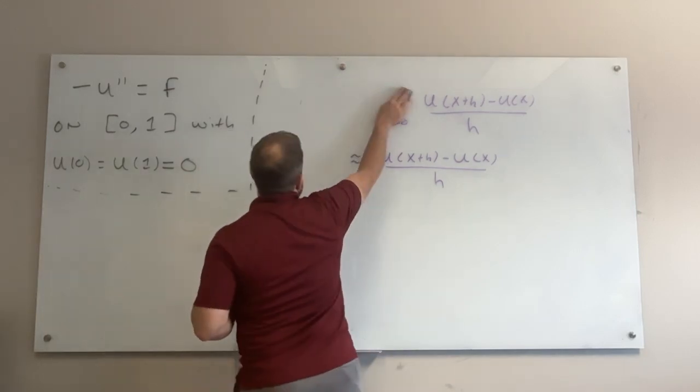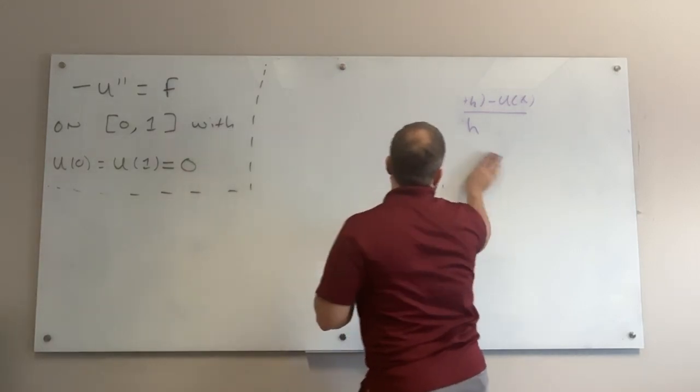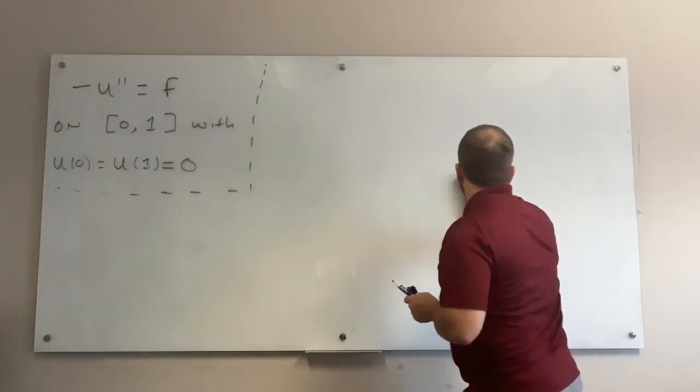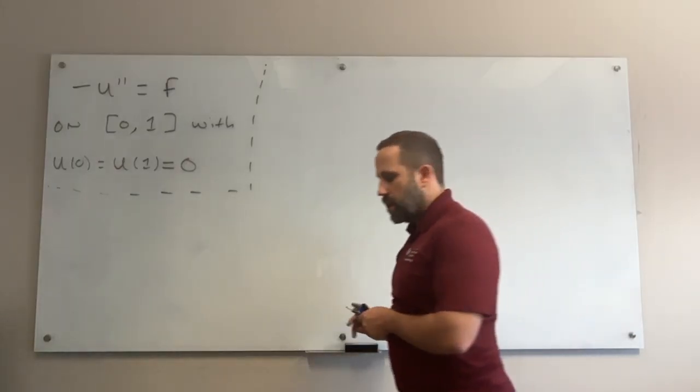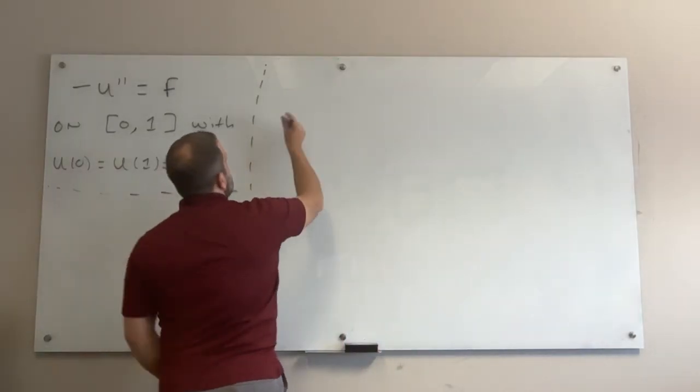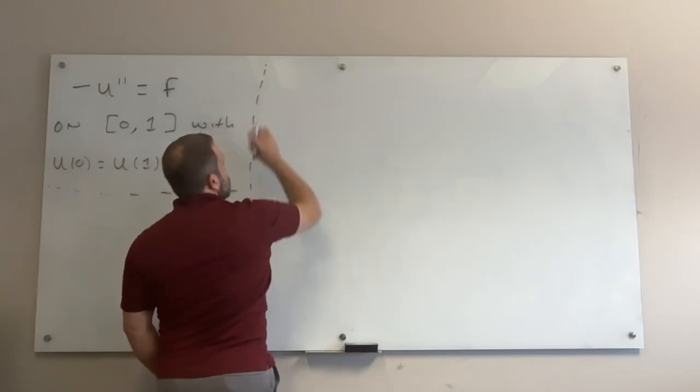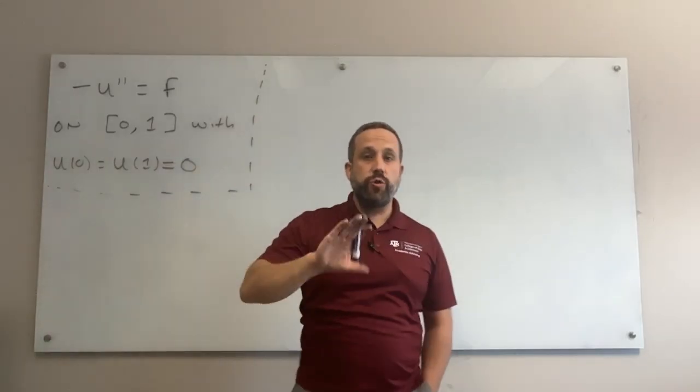And so what we're going to do is we're going to look at one of the most important tools that we have, which is going to be Taylor's theorem. So Taylor's theorem says the following. I'm going to show this in sort of two different ways.